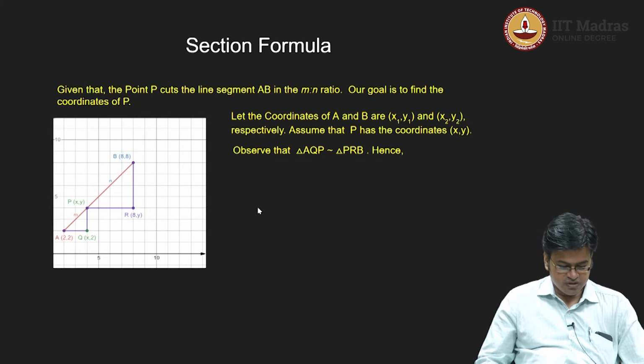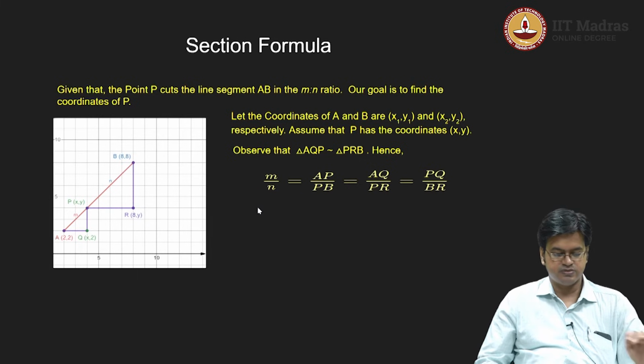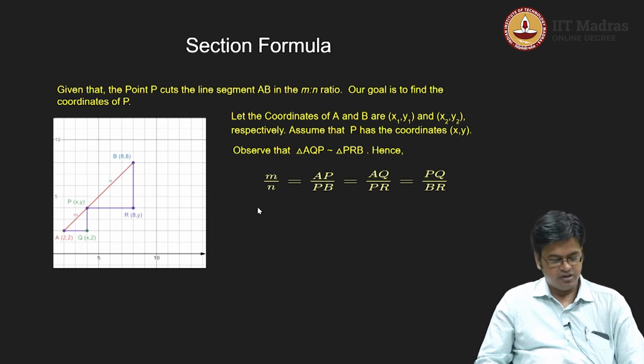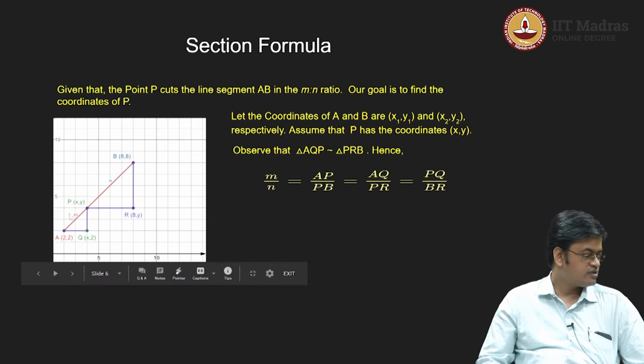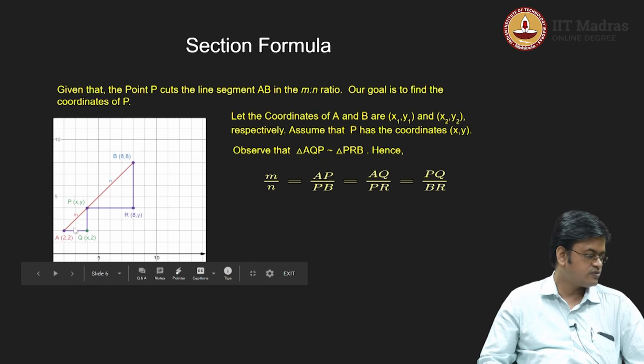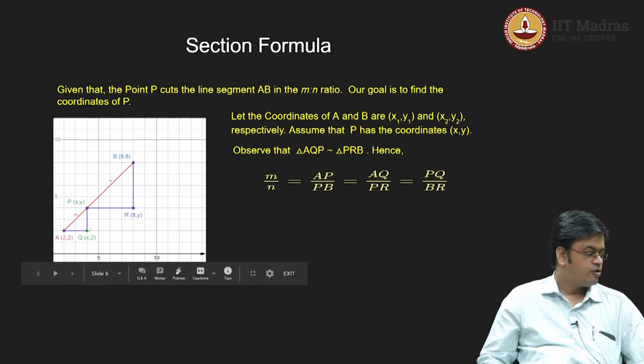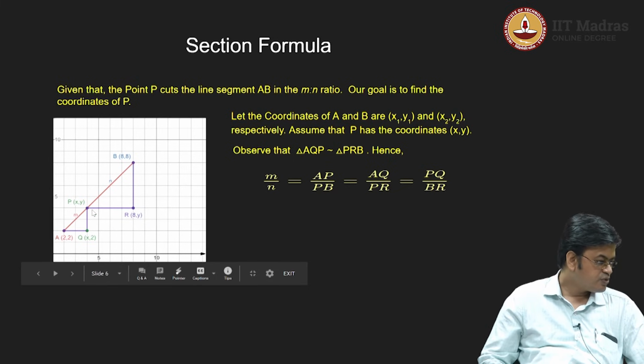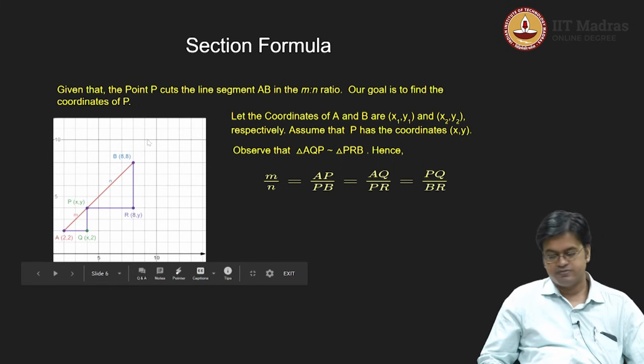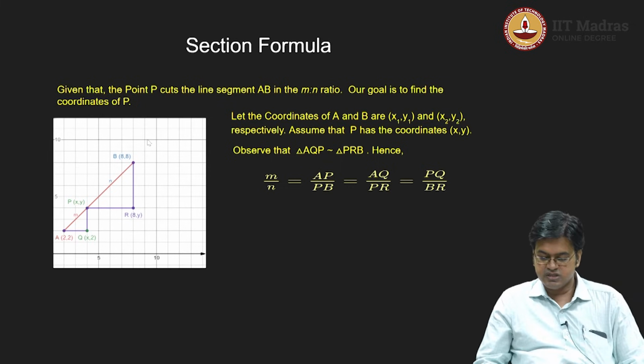Now these sides will be in some ratio, that is AP by PB, which are the hypotenuses of these 2 right angle triangles, is equal to AQ by PR, and this is QP by RB. Or you can say AP by PB is equal to AQ by PR, which is equal to PQ by BR. Now, I already know AP by PB has a ratio m is to n.